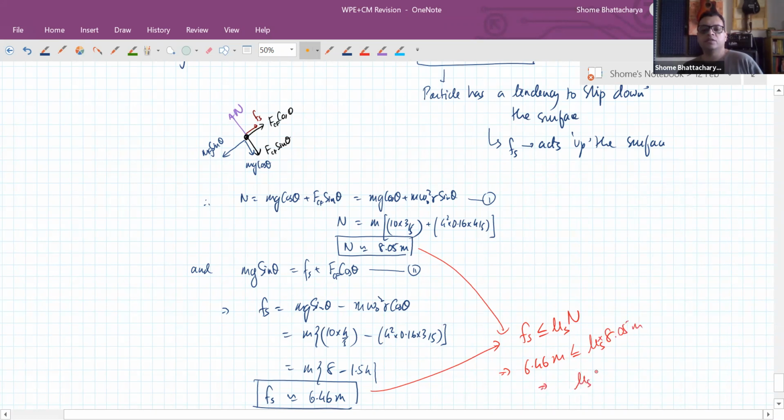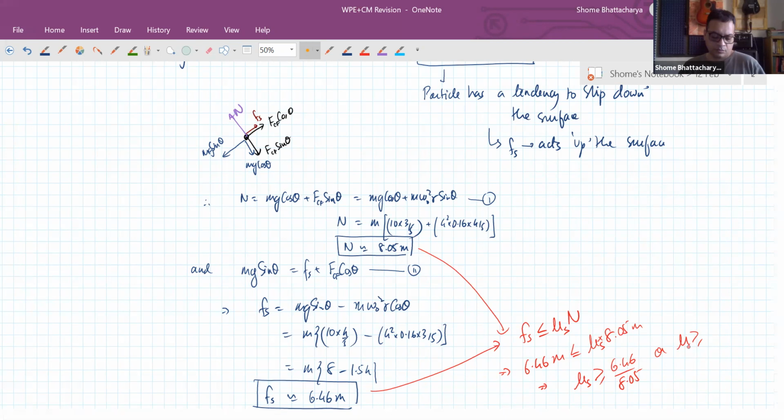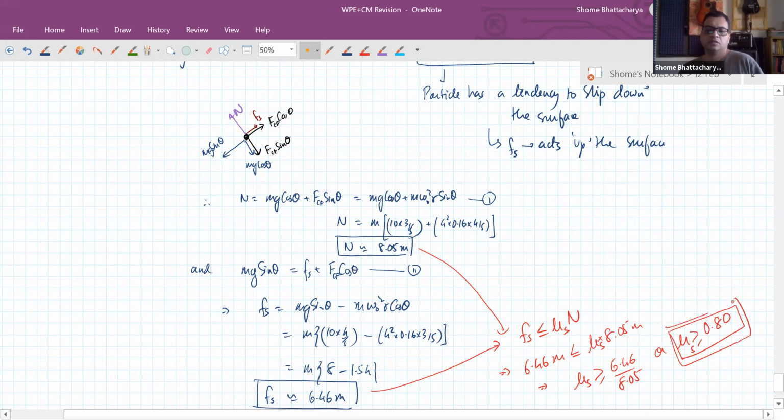So that means we require a coefficient of static friction which is greater than or equal to approximately 0.80. So this is the limiting value of the coefficient of static friction finally.